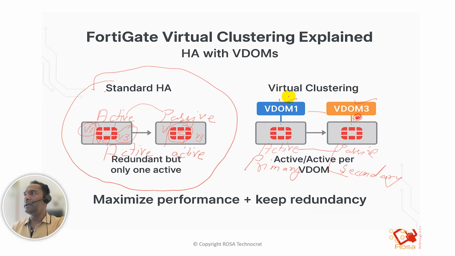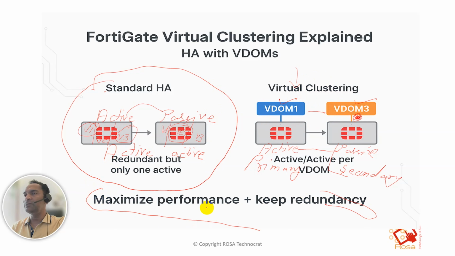Standard HA and virtual clustering: virtual clustering relies on top of standard HA when we are configuring. First we will configure a standard HA, and then we have to enable virtual clustering to move these VDOMs onto specific devices. What is the advantage of this? Maximize performance plus keep redundancy.